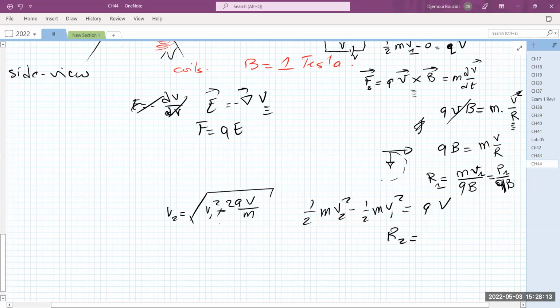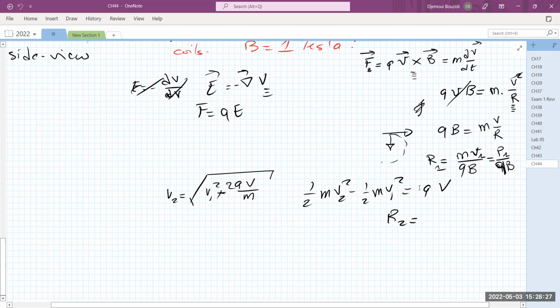So in other words, this is basically the second velocity I emerge with. If I plug in the value of V1, it's going to give me that term twice, okay? But R2 now, because V2 is higher, is going to be even higher. So it's going to be m v2 over qB.